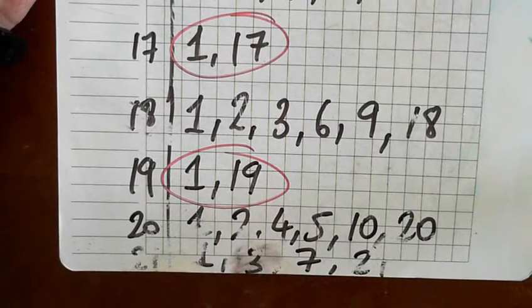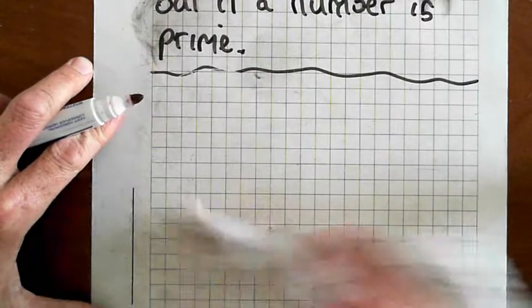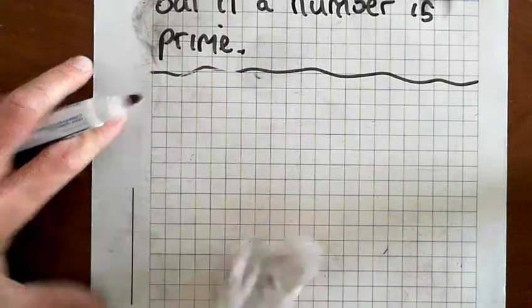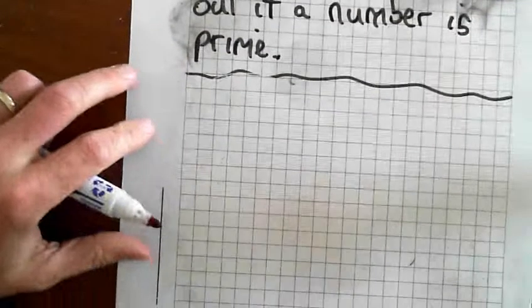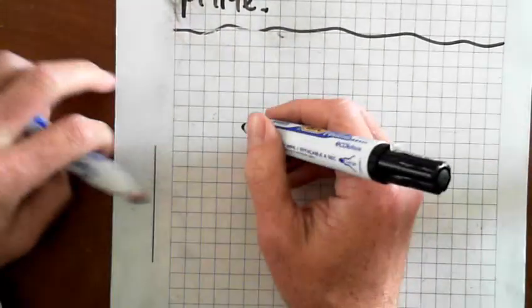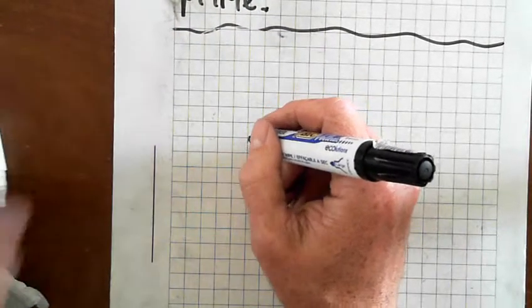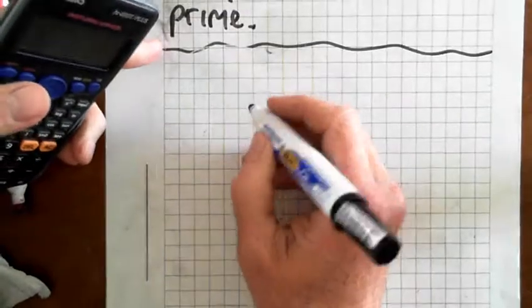31, 33. 3 divides into 33. What's the quick way of deciding whether a number is prime or not? So we know 1 is not prime, right? Watch this. If 2 or 3 or 5 will divide into it, that's a test.